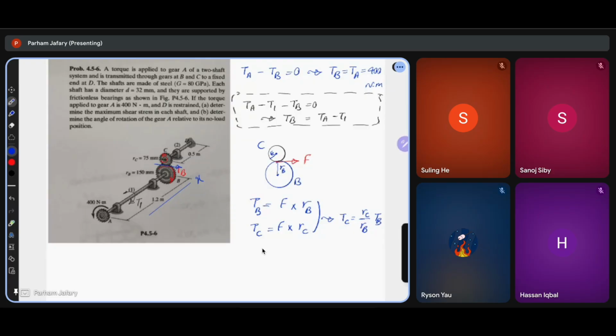So direction-wise, they're in the opposite direction of each other. So I'll just add a negative there. Okay?